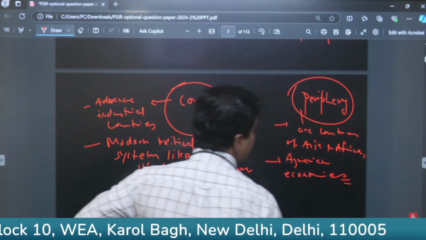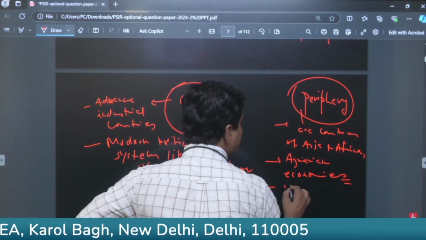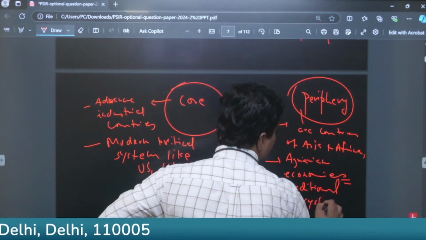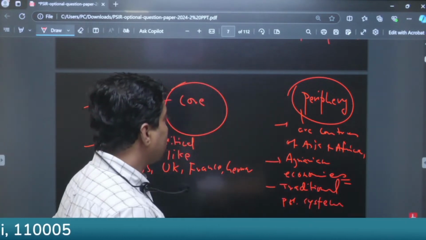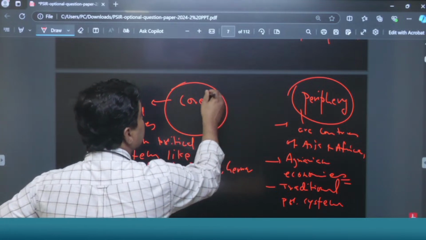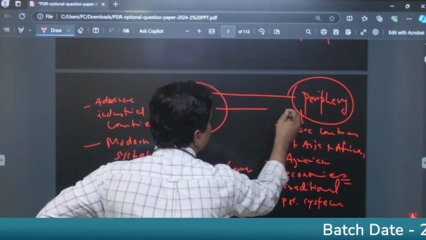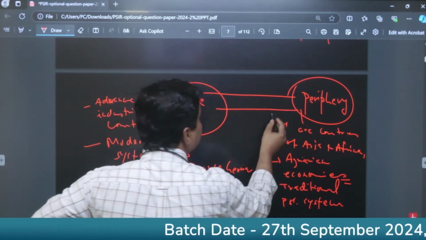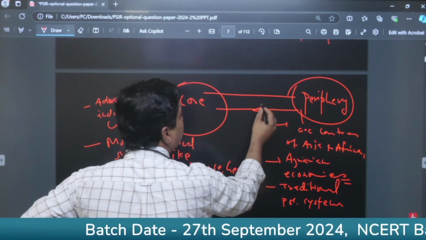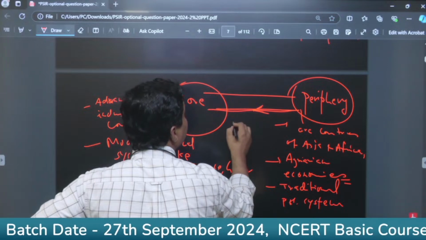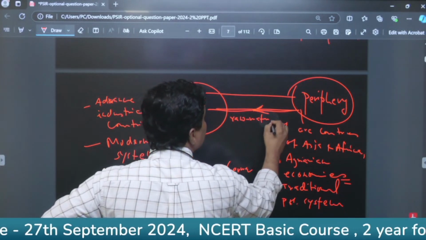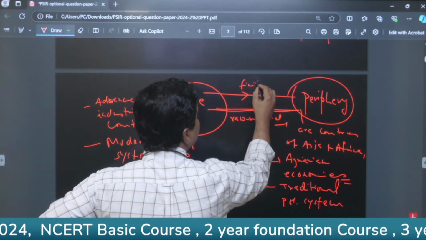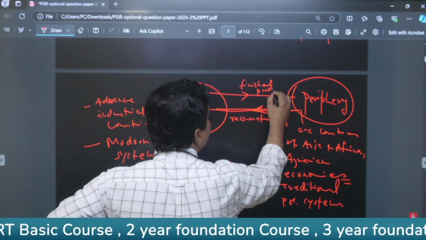Now if you look at periphery, it has agrarian economies and a traditional political system, right? And Marxist scholars argued that there is a relationship between core and periphery. The core has exploited the periphery, as the periphery transferred raw materials, and the core supplied the finished product.